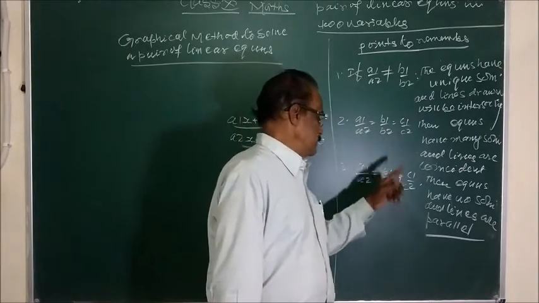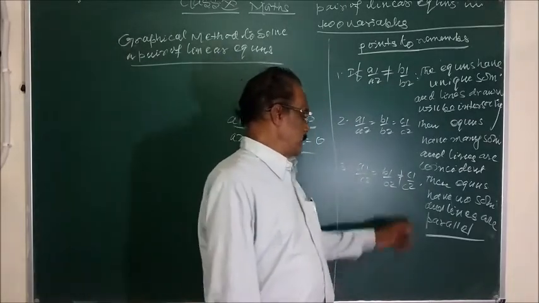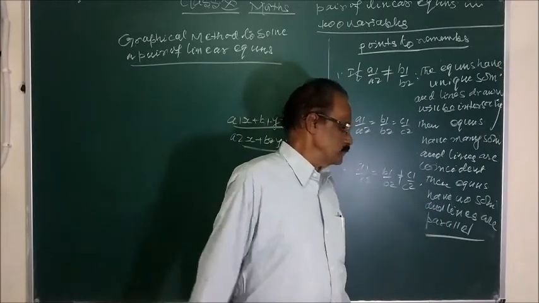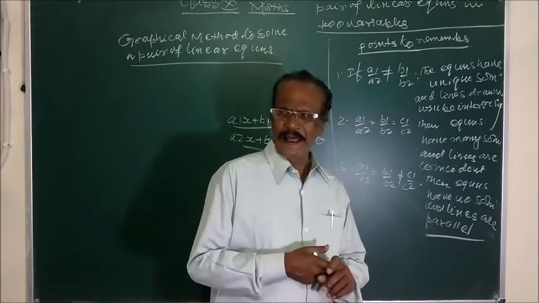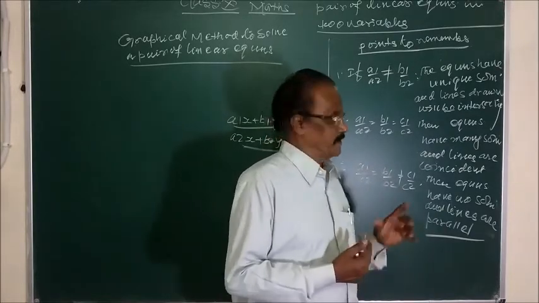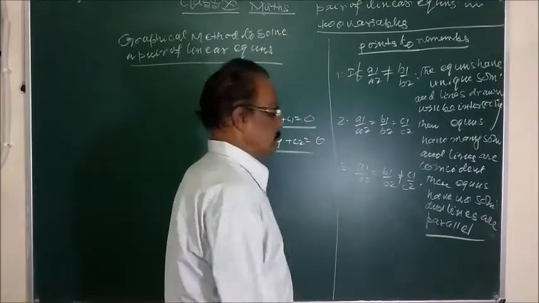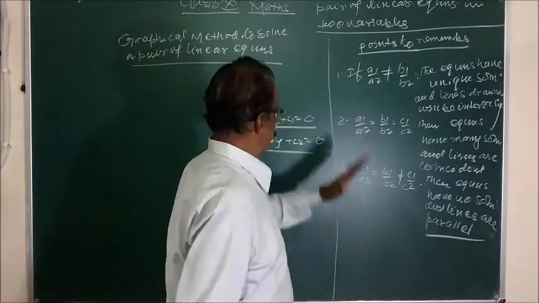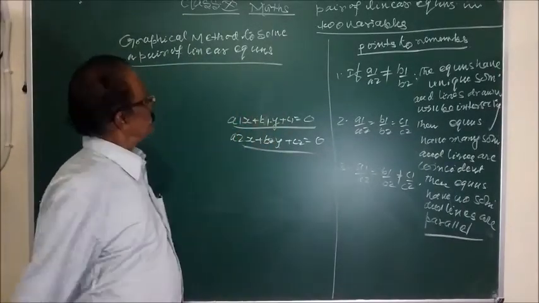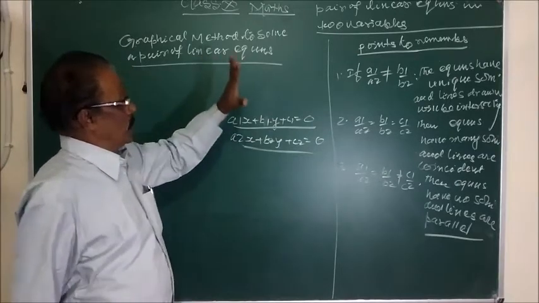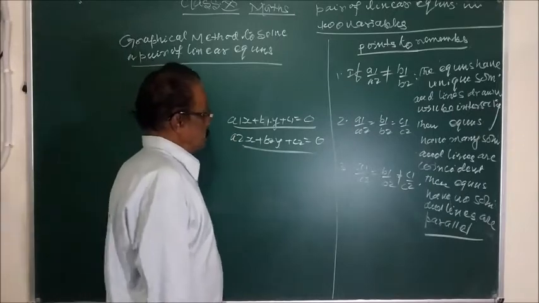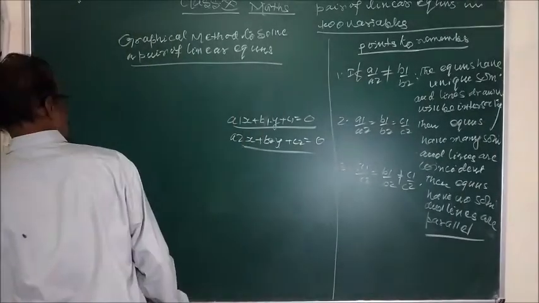So if you find this condition, the graphical representation will be parallel lines. And if lines are parallel, what will be the algebraic interpretation? The algebraic interpretation will be that there will be no solution. These 3 are conditions, and these 3 are very, very important. I suppose you will learn all these 3 points, and this will be useful in solving the question.